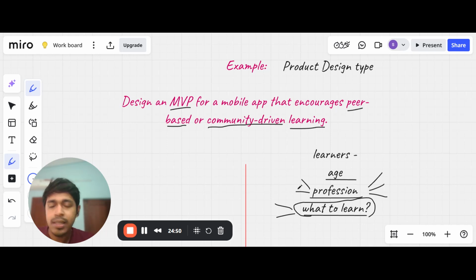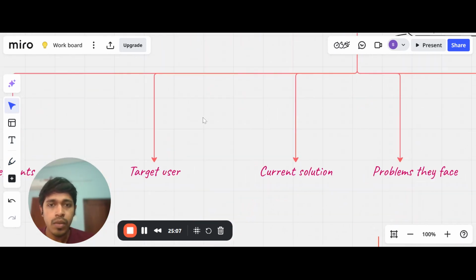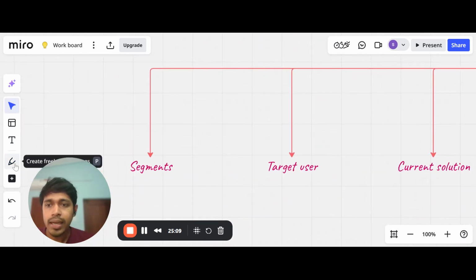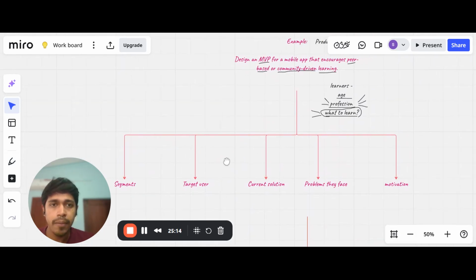Here doctors and engineers might have the same problem, but if they want to learn cooking, they have a very different set of problems, right? So this is how we are thinking of segmenting the users. So we talked about the segments, right? I'll just show you what this is. Okay.